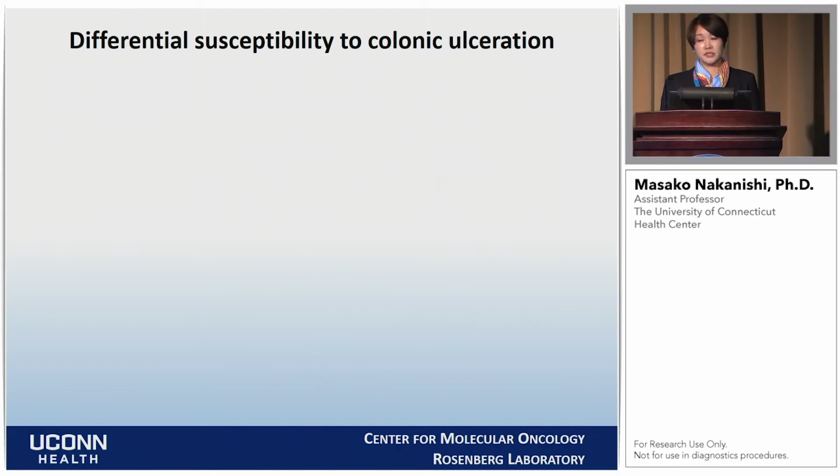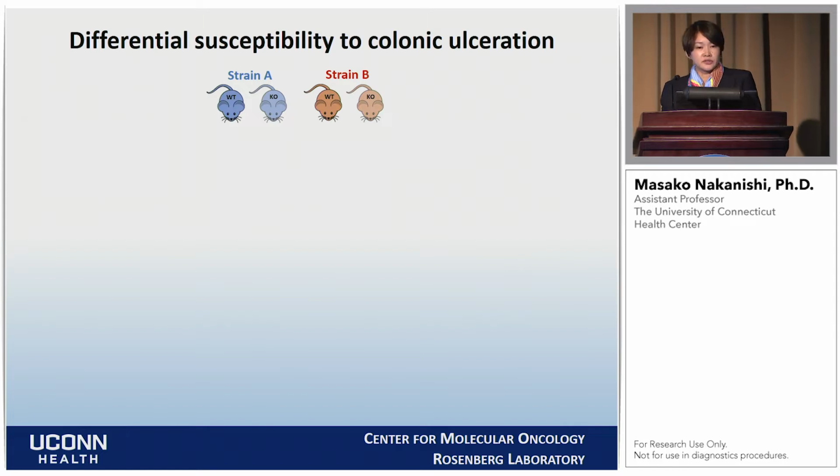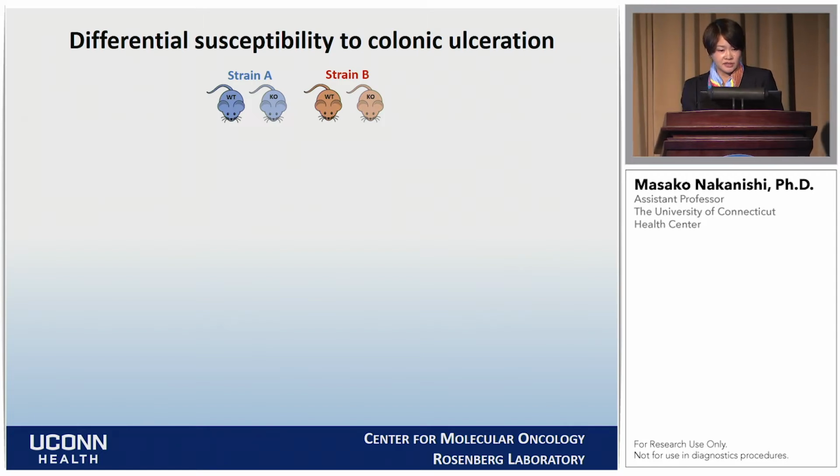For this particular study, we introduced the same exact gene knockout onto two different strains of mice. In this talk, I'm going to refer to strain A and strain B. The gene we knocked out is the enzyme involved in fatty acid metabolism, and both of the knockouts are protected against cancer formation.